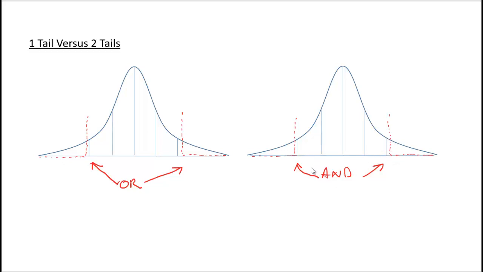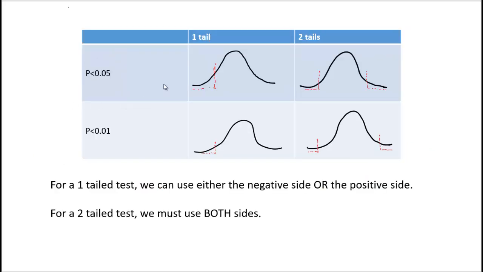Now, when we do that, we also have to consider the fact that our significance changes. When we consider the number of tails, we also have to consider the likelihood that our result is to happen. And we talk about likelihoods in statistics in terms of probabilities.